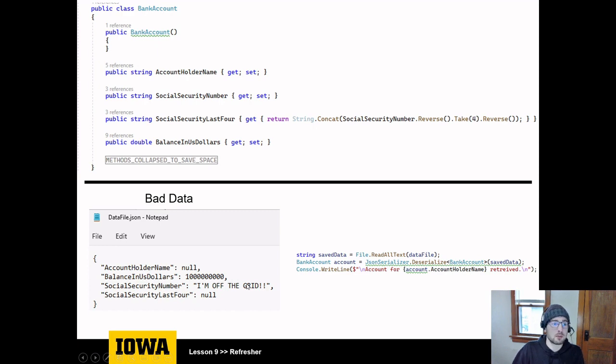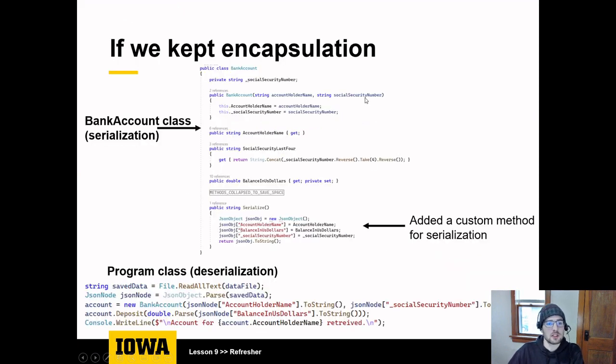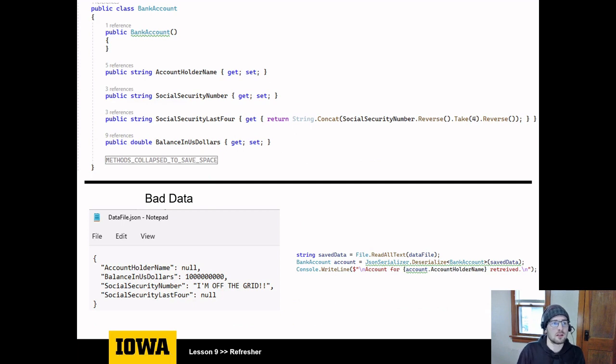Formerly it was a parameter in our constructor, making sure we required that a bank account had one of them, and now we're free to have bad data in our data file and not have the required information, or we have information but it's not in a valid format. And so when we deserialize, we're going to be creating bank accounts that are invalid. So we're going to solve this using the material from Lesson 9.